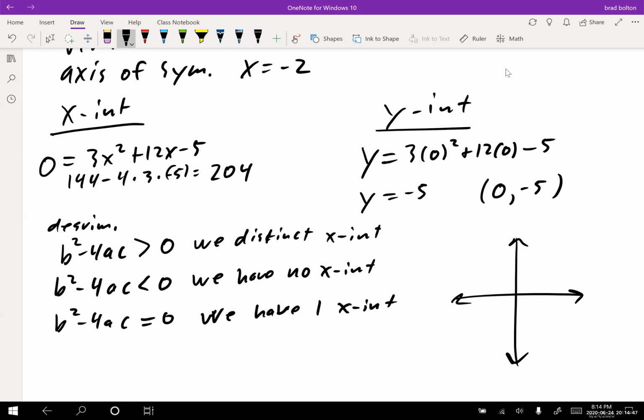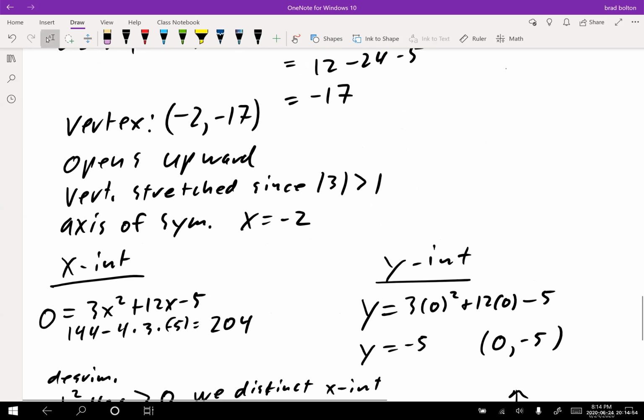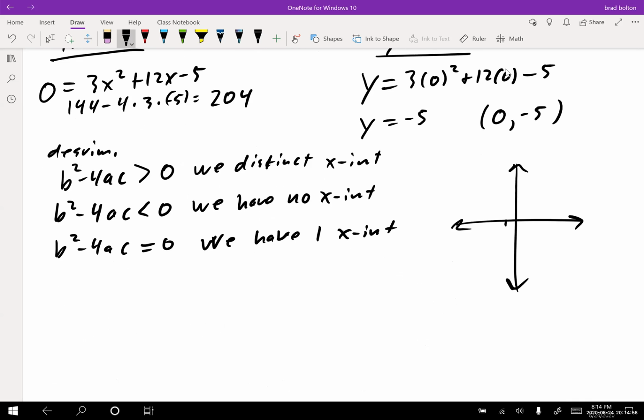Okay, so we're going to go over -2, -17. So I'm going to say this is -1, -2, and -17 is down here somewhere. And then when I look at my parabola, it crosses here, right about there, 1, 2, 4.5-ish.